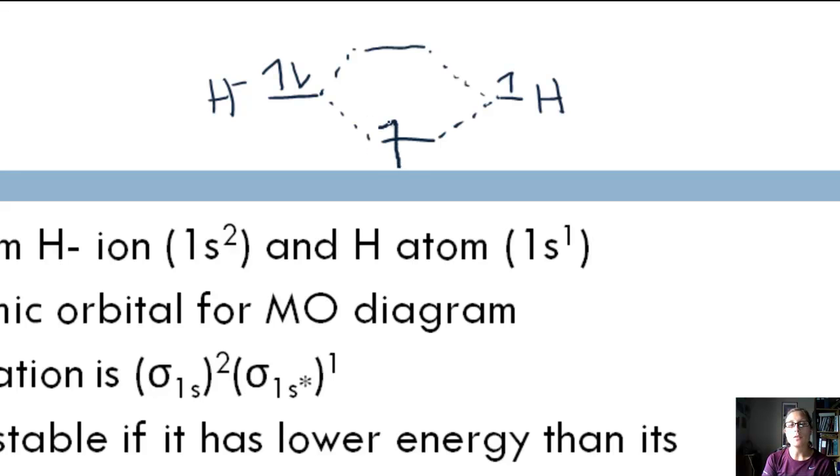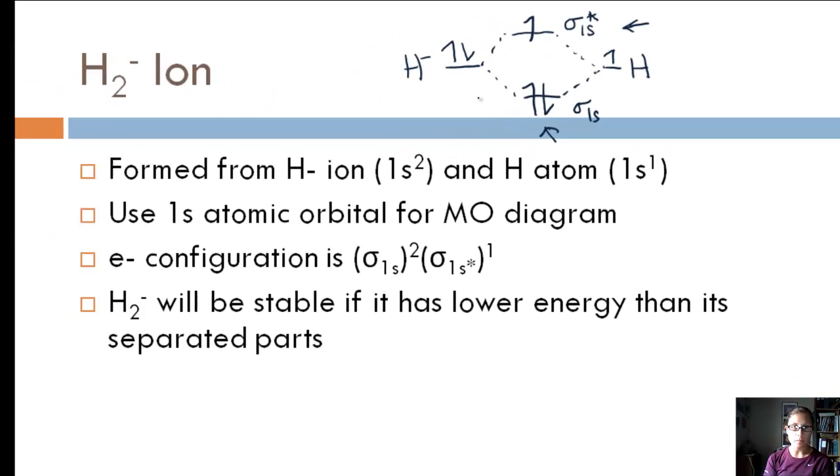And so we're going to first fill the lower energy, which is our sigma 1s, and then we're going to fill our higher energy, which is our sigma 1s asterisk or anti-bonding, and we've got 1 left, so we'll point it up. And so our electron configuration becomes sigma 1s2, because we have 2 here, and then sigma 1s asterisk 1 because we have 1 electron in that molecular orbital.